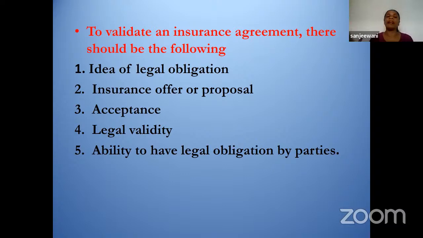Then legal validity should be there, and the ability to have legal obligation by the parties. So to validate an insurance agreement: idea of legal obligation, insurance offer or proposal, acceptance, legal validity, and ability to have legal obligation by parties.